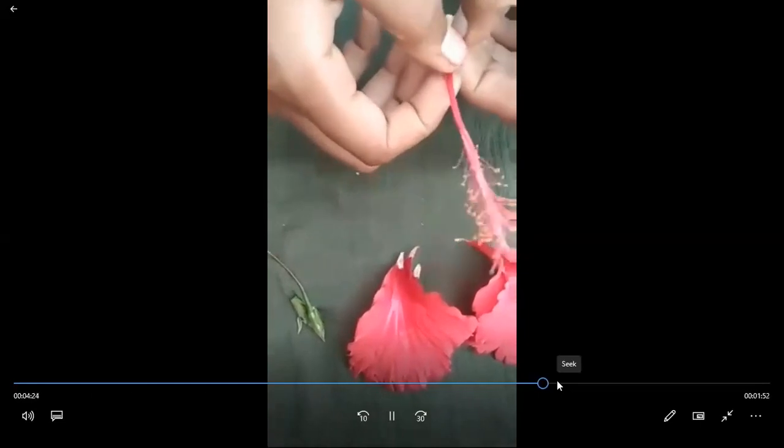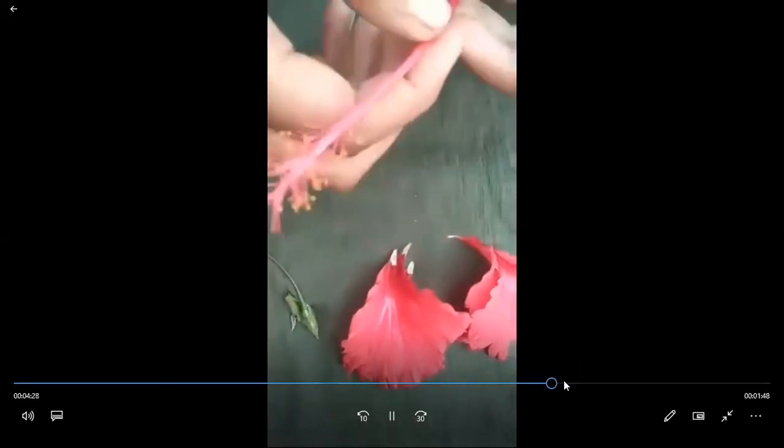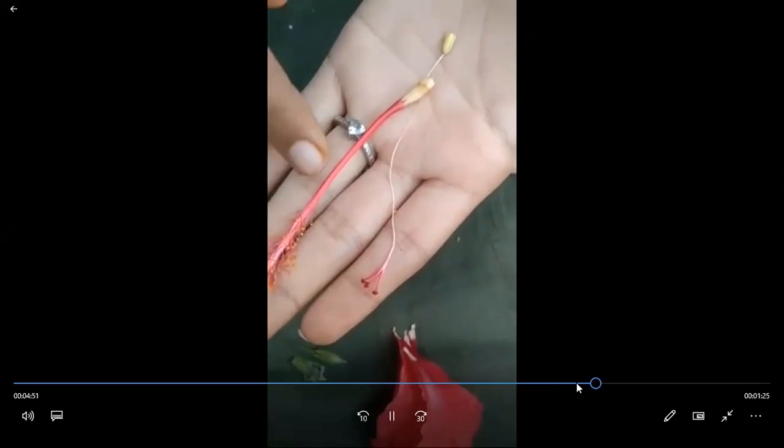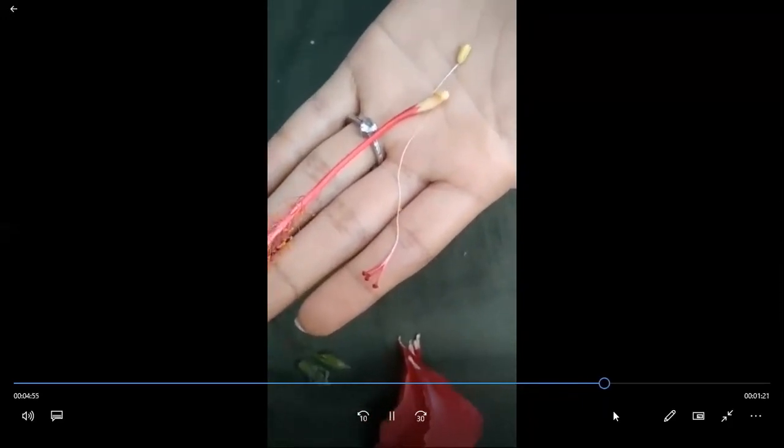We are doing the dissection very carefully and gently. This is the female part of the flower. We already know that the anther contains the pollen and the pollen has the male gamete. Let's see this.